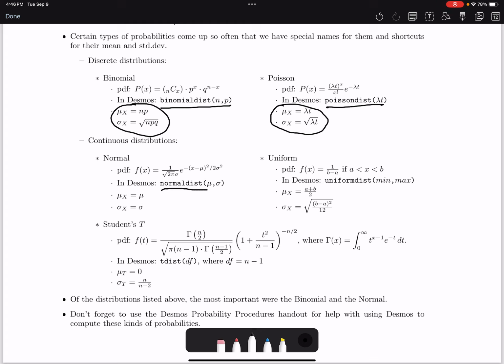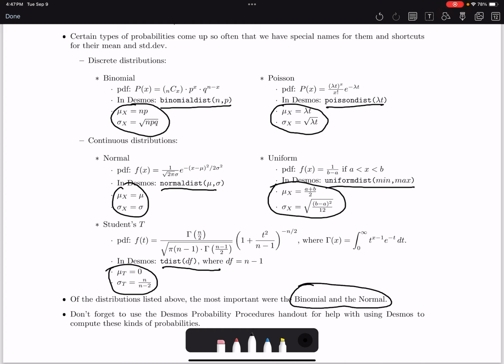So again, this is how you would handle these in Desmos. And then these are the means and standard deviations, okay, for each of those specific kinds of random variable. Much nicer when we have those shortcuts, right? Out of all of these 5 distributions that we've listed above, the most important are the binomial and the normal. We spent a section on each of those, okay?